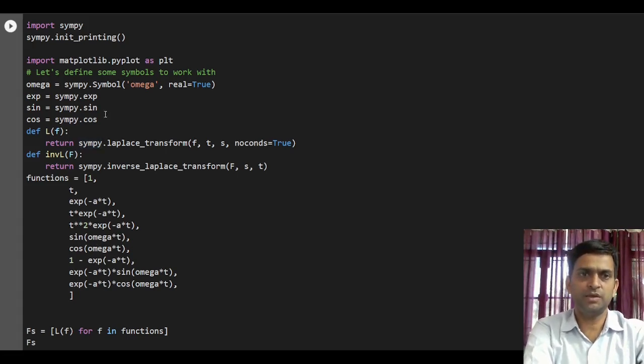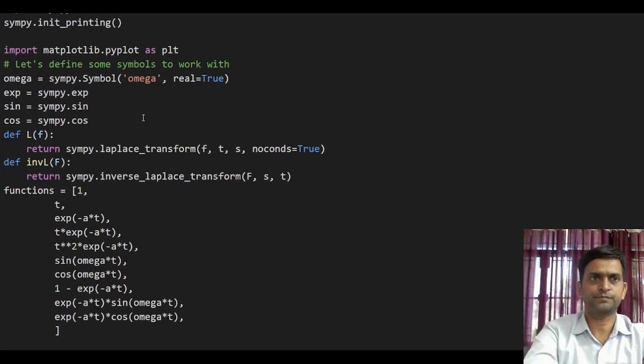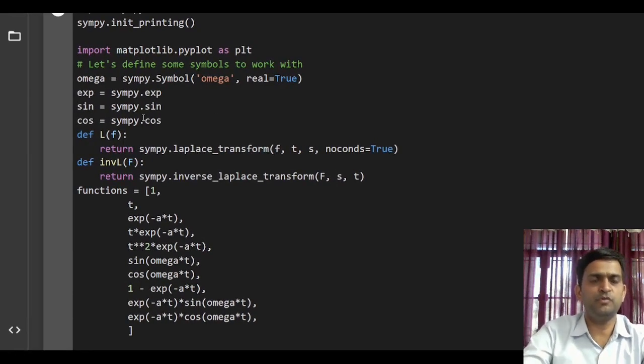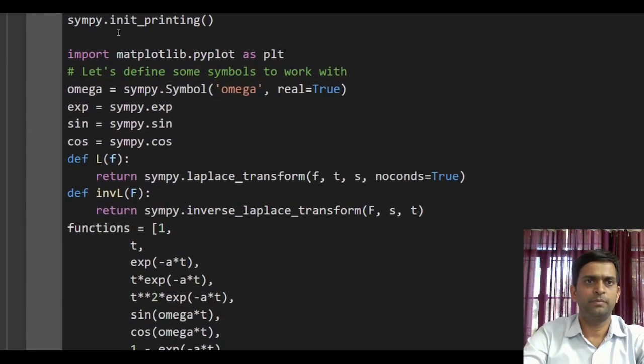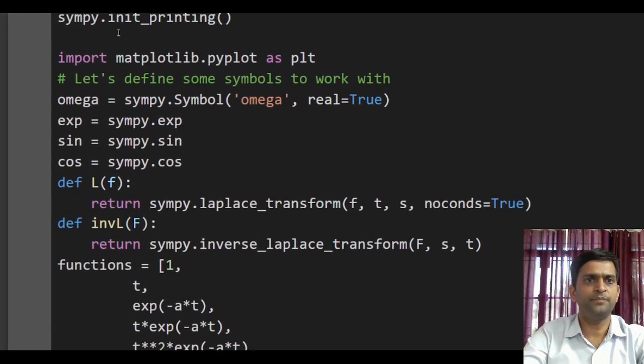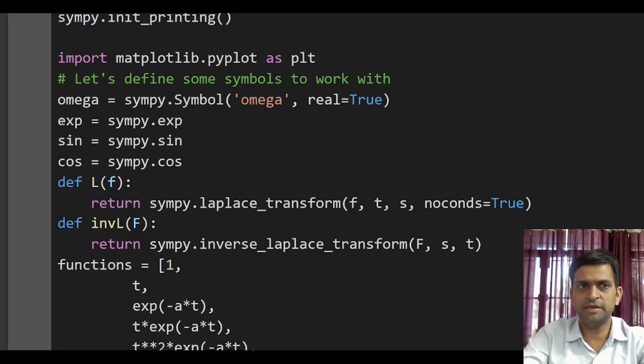Okay, so here you can see that I'm writing import sympy, then sympy init_printing, and then import matplotlib.pyplot as plt. After that, omega equal to sympy.symbols omega is coming here, and exp is also defined, sin is defined, cos is defined.